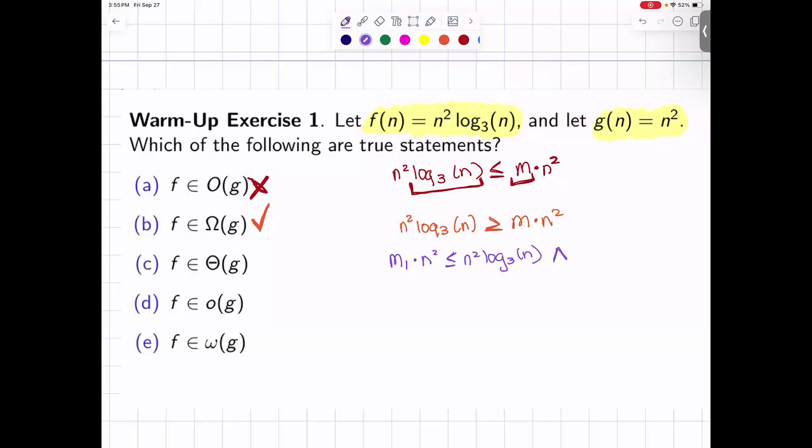And we want to bound it on the other side as well, where n squared log base 3 of n needs to be less than or equal to a different multiple of that same g of n.